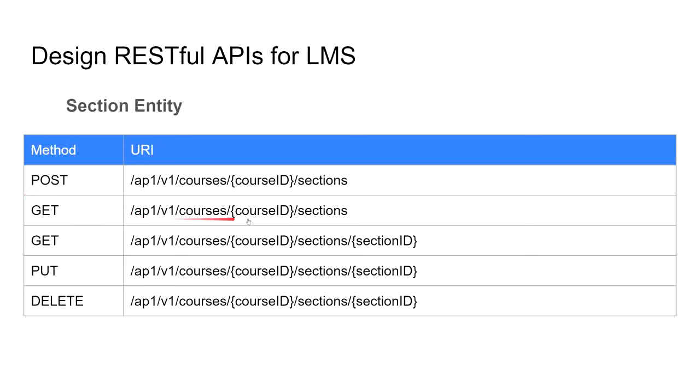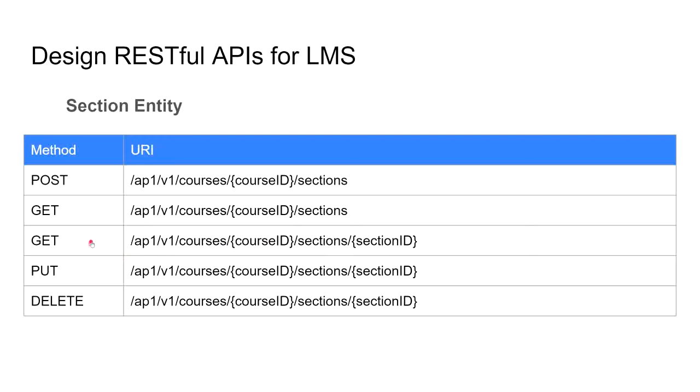If you want to know all the sections inside a given course, then you will provide this get API on top of that. If you see, there is only a difference of verb, the URI remains the same. Again, needless to say, you should be providing filters and all those sorts of things over here. Then if you want to fetch a particular section, you would add just the section ID over here.